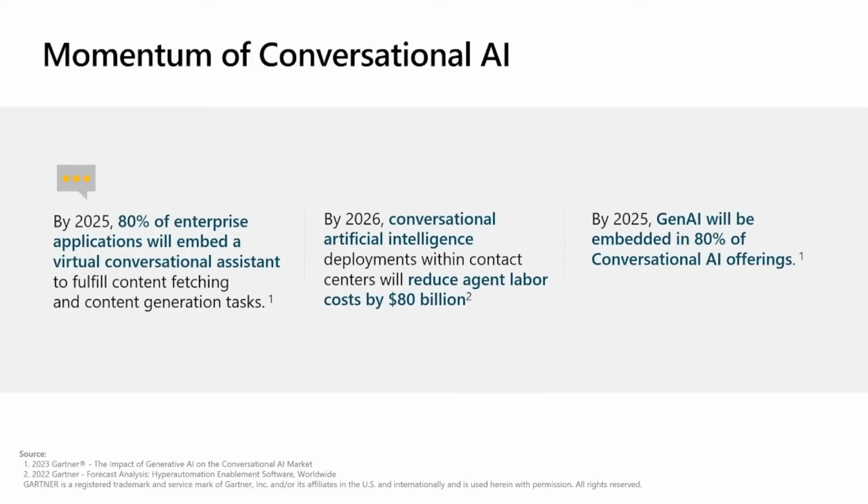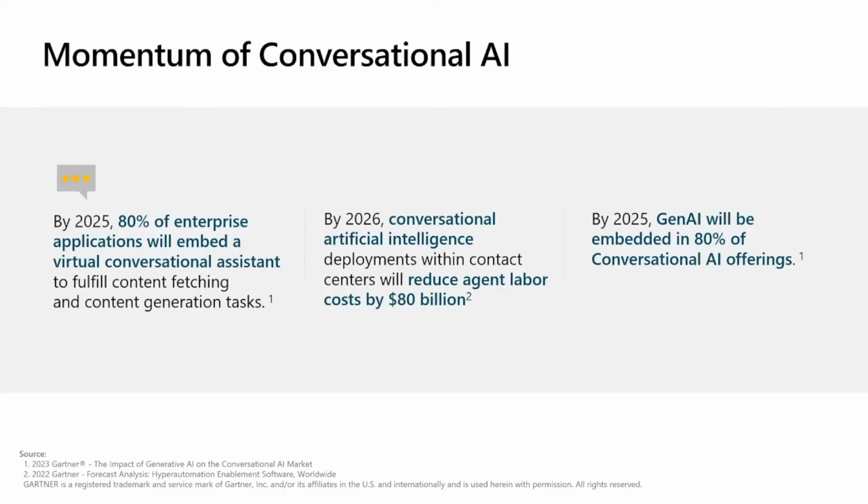By 2025, let's say 80% of enterprise applications will incorporate a virtual conversational assistant like Jarvis to perform tasks or relevant content fetching and content generation. So it reflects a widespread adoption of conversational AI across various business applications. That's what we can foresee: more and more systems are becoming intelligent by the power of AI technology.